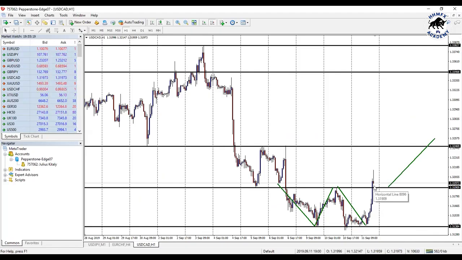Remember, guys, it's not a must for this candle to come and touch this line. Even at this point, the market might decide to continue moving upward. Why? Because this is already a clear retest. You see the candle just went up, but it also went down at this point.